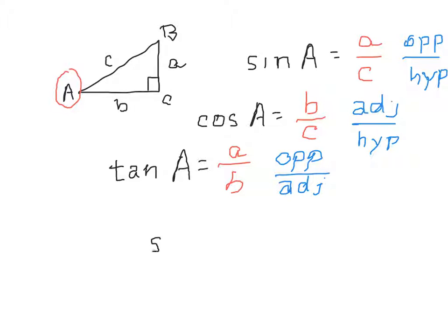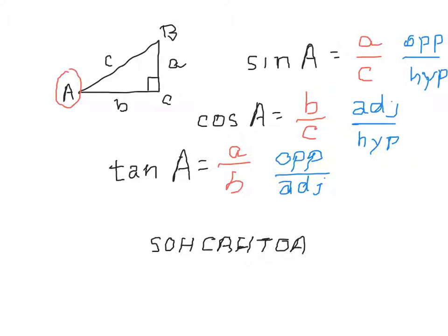And notice the way I'm going to spell it: S-O-H, C-A-H, T-O-A. And in my class, I've often used the term that this is this famous Indian chief, Chief Sokotoa.